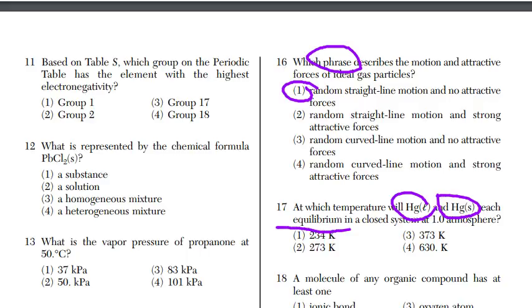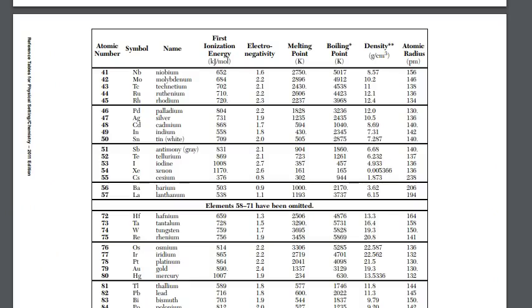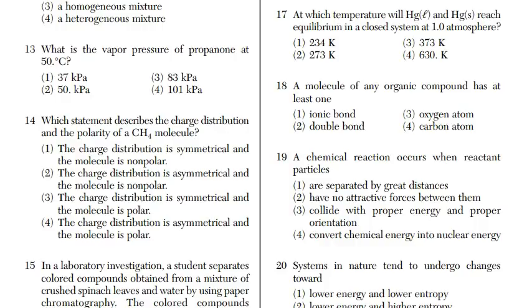You need to go to reference table S. So we're looking for mercury and we're looking for the melting point. Sorry, this is so small. Find it on your reference table. We're talking about element 80 and we need the melting point. The melting point is 234. So that's our answer. Let's go back to the test. So here it is for question 17, choice 1.